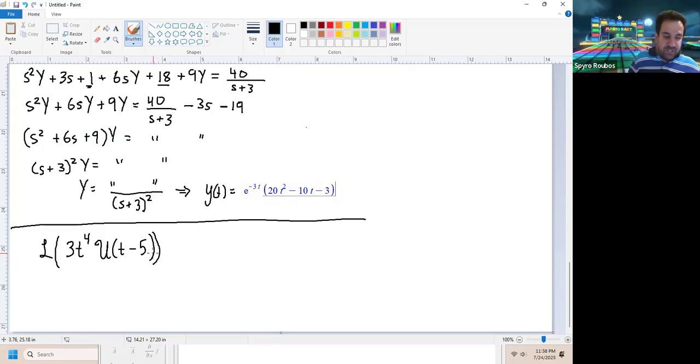If I just ask you something like this, where I'm literally saying find the Laplace, like on the homework, do not use Maple. Those would be things that I would ask on the non-tech part that you should be comfortable doing by hand. But something like this, it's not to say you can't do it, it would be really tedious though. So how do you go about typing it into Maple?